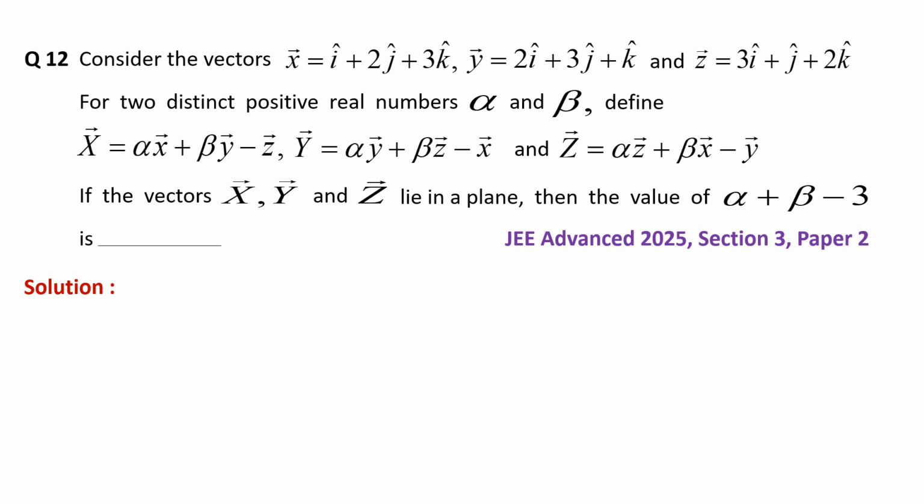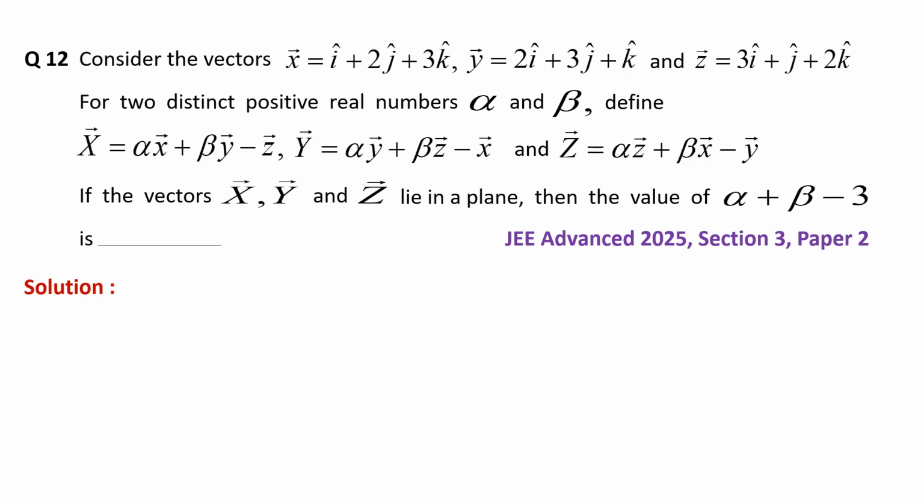For two distinct positive real numbers alpha and beta, define capital X vector = alpha x + beta(y - z), capital Y vector = alpha y + beta(z - x), and capital Z vector = alpha z + beta(x - y).